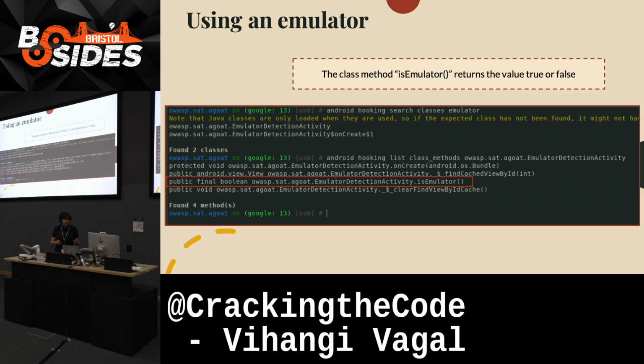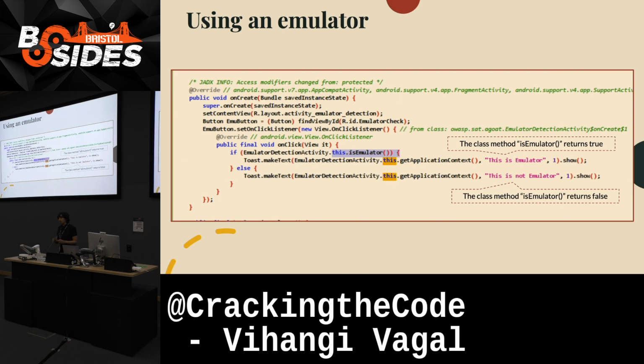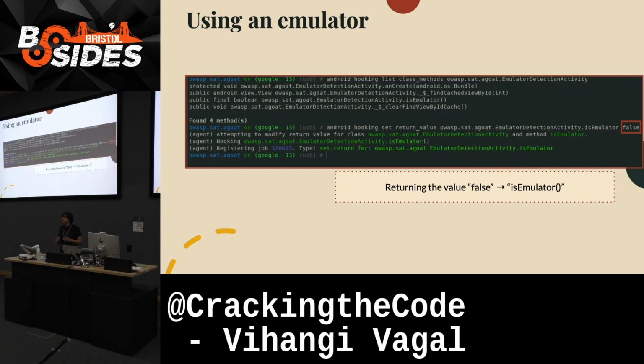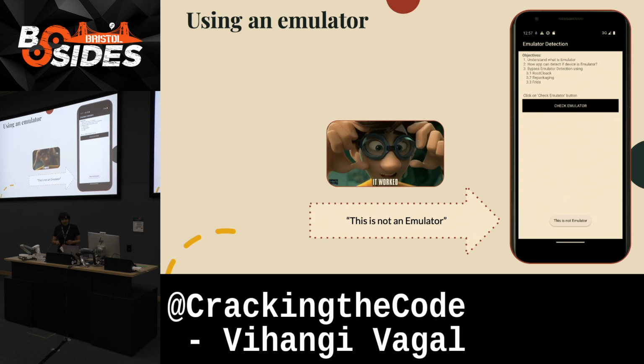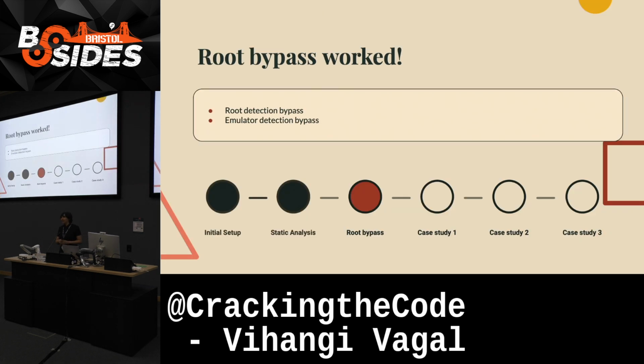If it's an emulator, it's going to return true. If it's not, it will return false. So currently it's returning true, correct? So what could you do to change this? Well, the answer is quite simple. Change the value to false. Now we are returning false to the function every time it calls this. And this is how we bypass the emulator. Well, that seems to work.